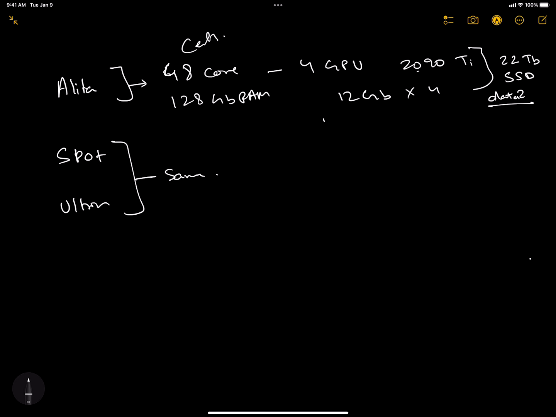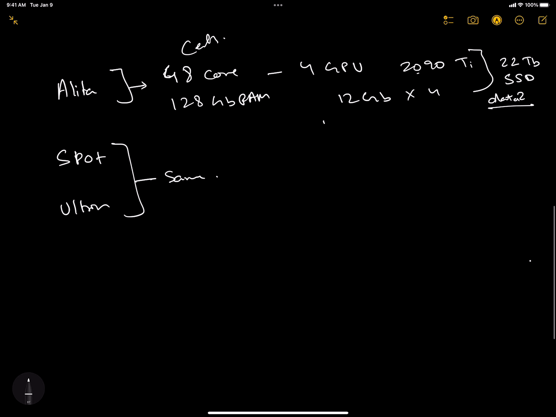On Alita it's called Data 2, where anything that we process is stored. You can access Data 2 from home if you wanted to, as long as you are connected to VPN. So that's why it's important to know the name of the storage.